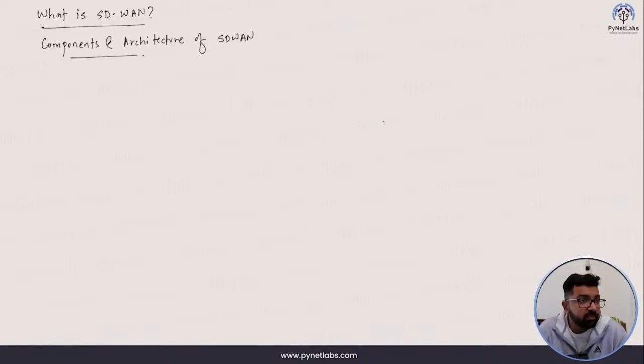These two are going to be the majority of the sections that we will be covering in this video. When we speak about SD-WAN, as we already have discussed, traditional WAN was designed to route traffic from remote sites to the company's data centers using private MPLS circuits, right?